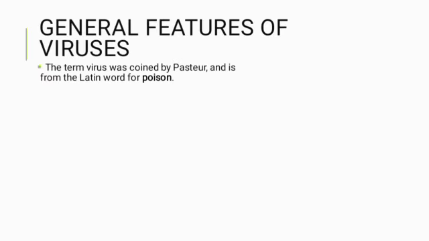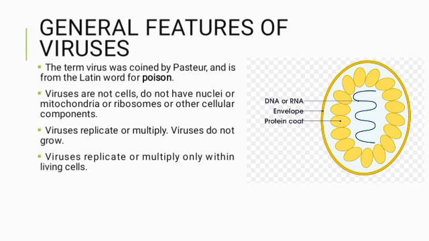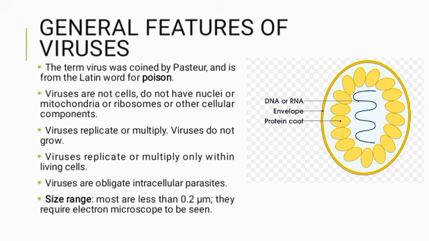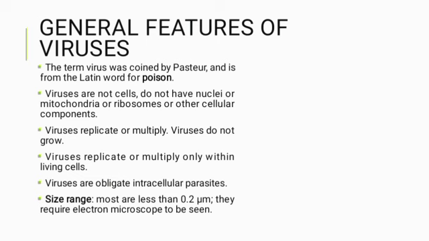The general features of a virus: they do not have cells, like I've said earlier. They replicate or multiply, but they do not grow, and they can only replicate or multiply within the cell of a host. And they are obligate intracellular parasites, so you cannot see them without the help of an electron microscope.